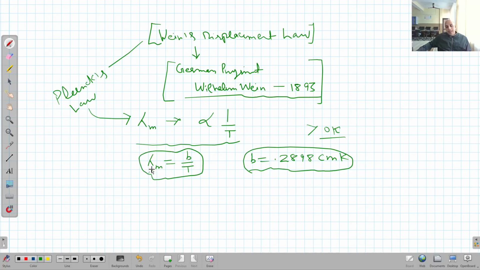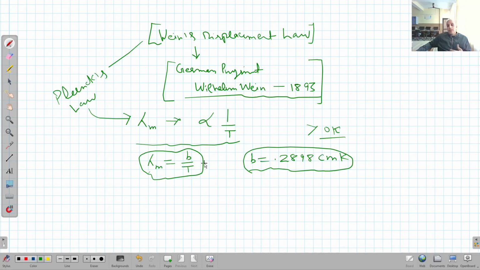So this relation helps us to calculate the temperature of different objects in the universe. If we know the wavelength of the radiation coming from an object like a star, clear, then I can tell what is the temperature of that star.